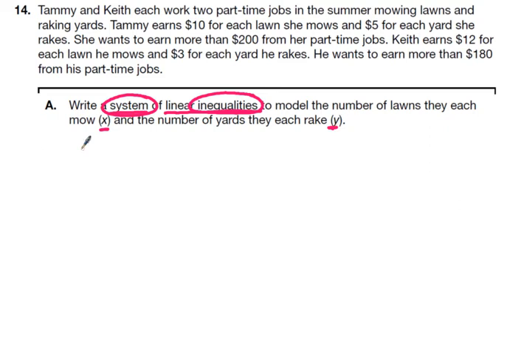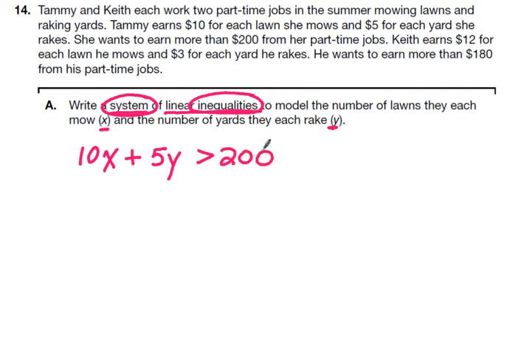So the one for Tammy is going to go like this: 10x plus 5y is greater than 200.